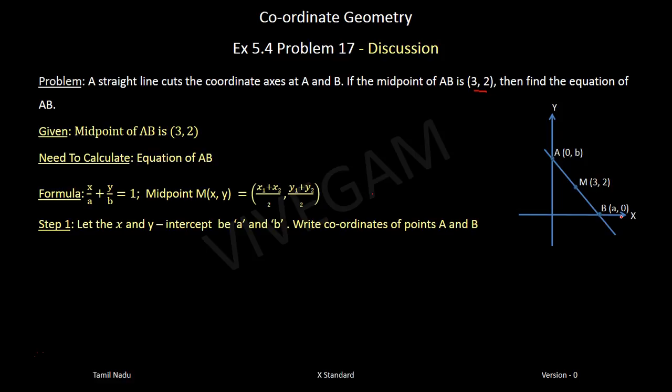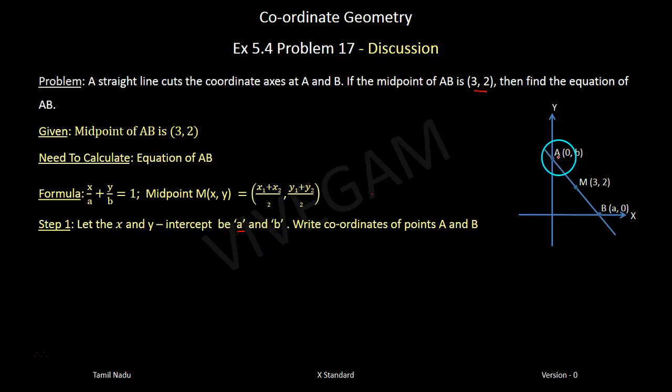Let me repeat. When the point is on the x-axis, the y coordinate will be 0. That's why we say 0 here. Whatever value the x coordinate has is nothing but the x-intercept, so we say the x-intercept is a here, and this point is (a, 0).